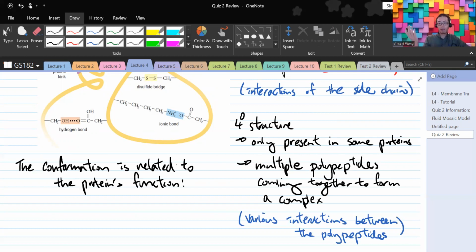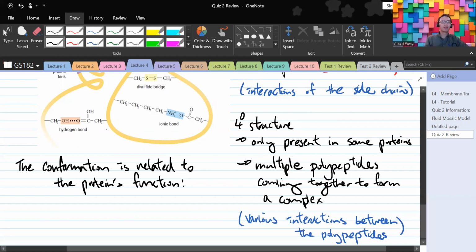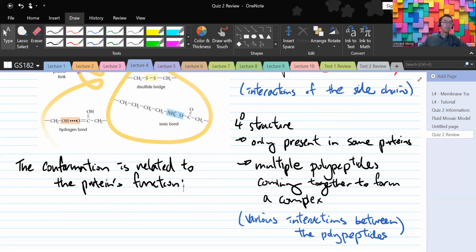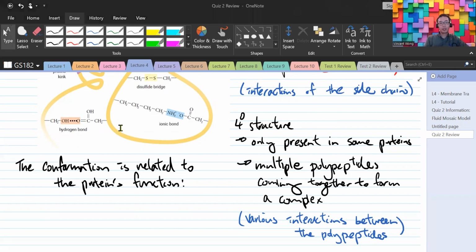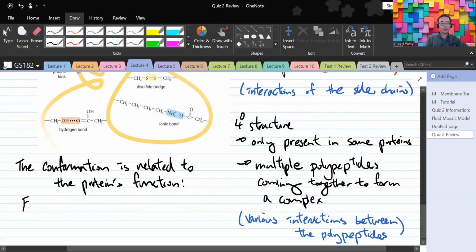It might become non-functional, it might be functioning the wrong way. And so, we try not to change the shape of the protein. But in class, we talked about several factors that are going to affect the conformation, the shape of the protein.